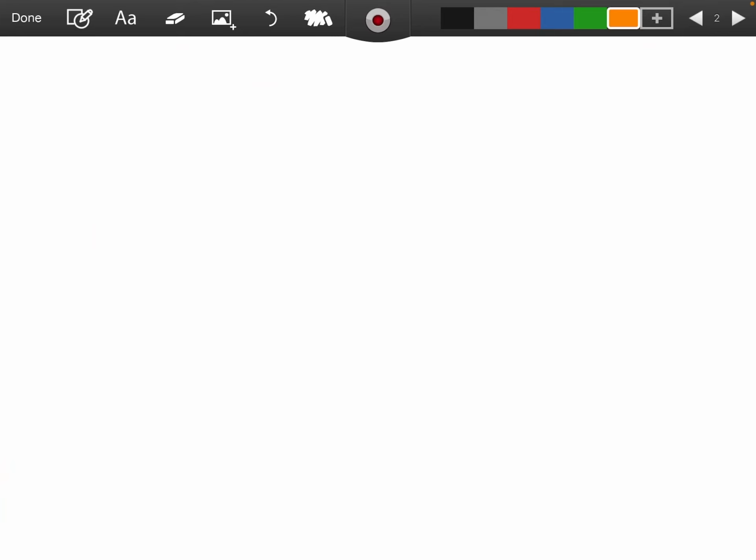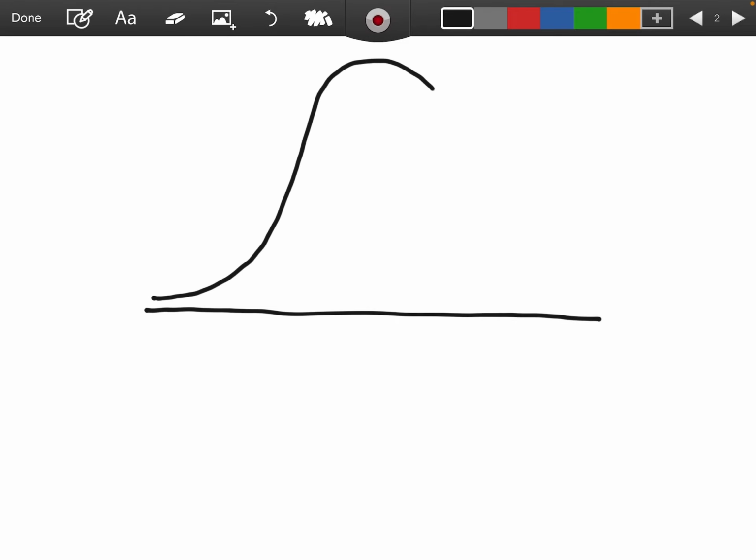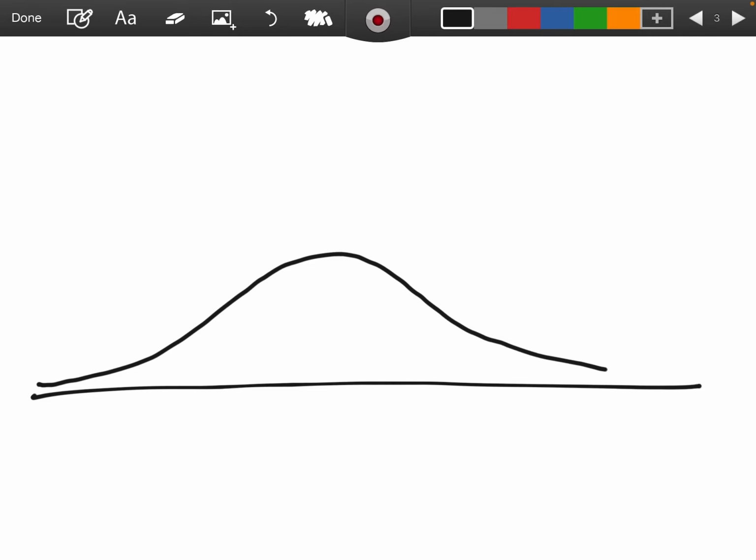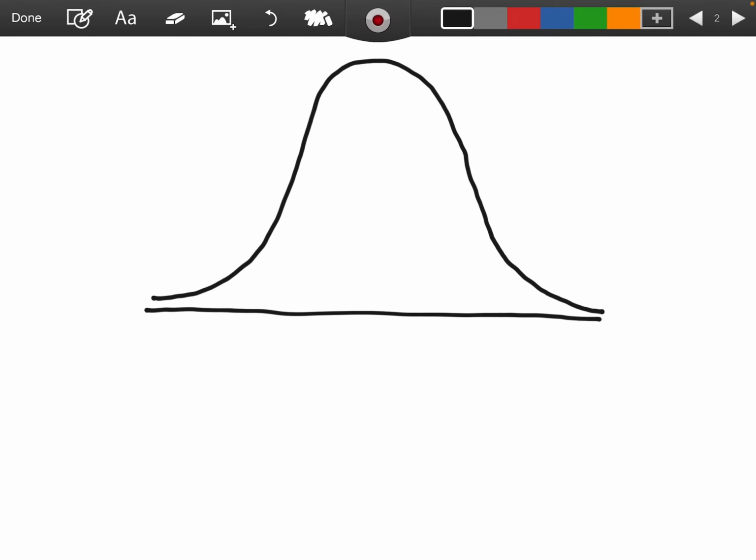Okay. Next, I want to bring in the standard deviation and variance that we looked at in our last video. So again, let's draw out a normal distribution curve. You can have different curves. I'm going to draw a slightly different one here, which is going to be much flatter and wider like that.